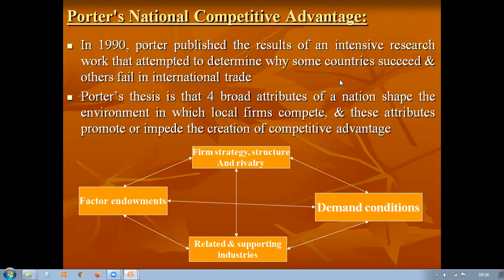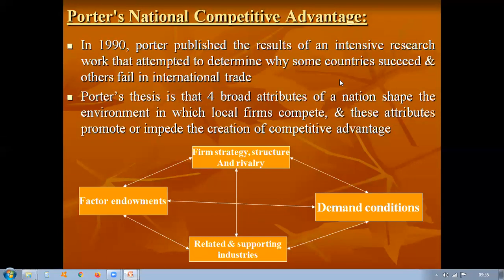The natural advantage is due to climatic condition, natural resources, etc. All this gives an advantage to the countries and the companies in producing their products. The acquired advantage is due to technology and skill development. See here, a competitive advantage can be acquired sometimes, and some accrue to the companies and countries naturally. That's natural advantage.